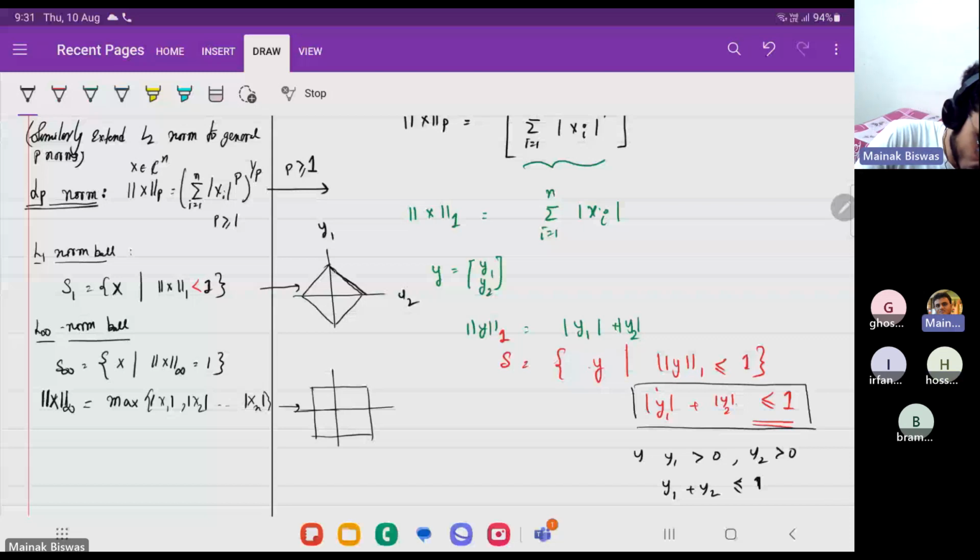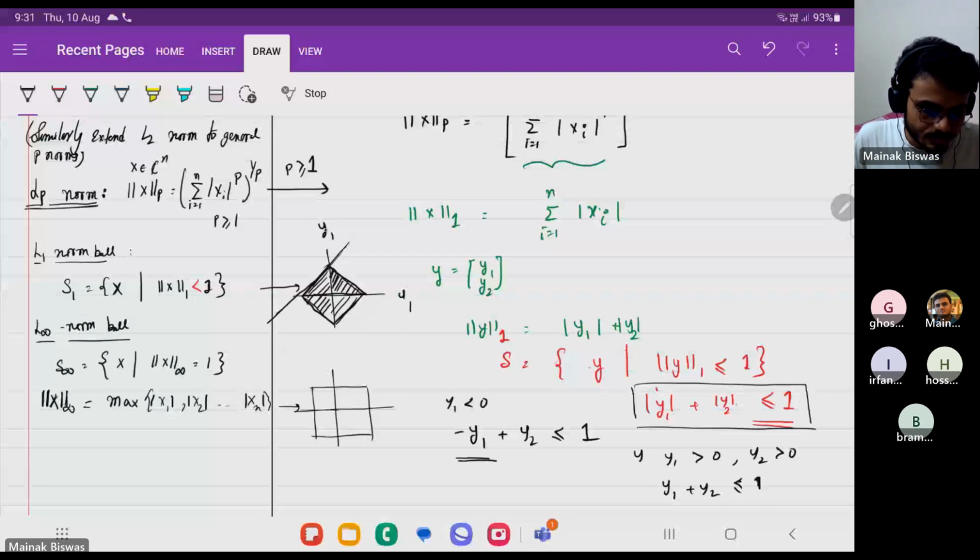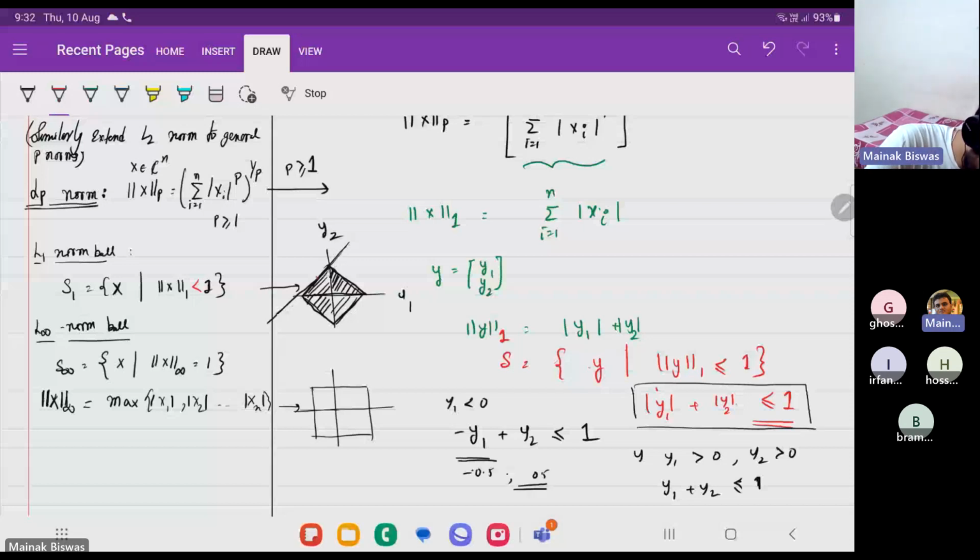Yes. So what line will it be? This will be this line, right? If this is y1, this is y2, check if minus y1 plus y2 equals 1, for example minus 0.5 comma 0.5. This will fall on this line, right? So minus 0.5 and 0.5, and that sum will be equal to 1.